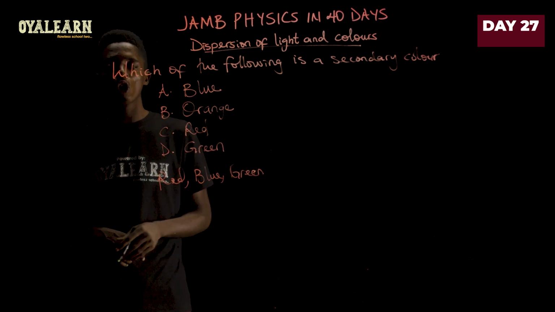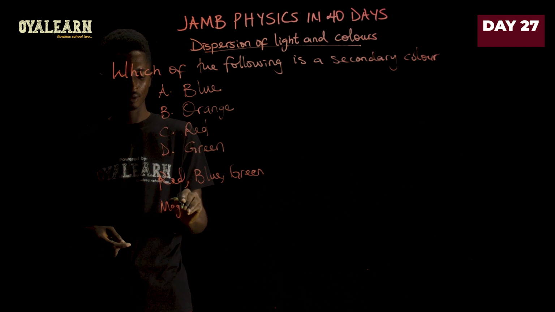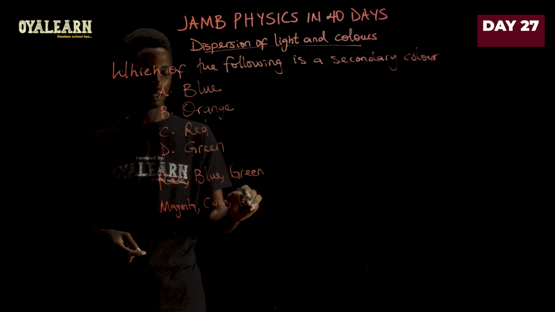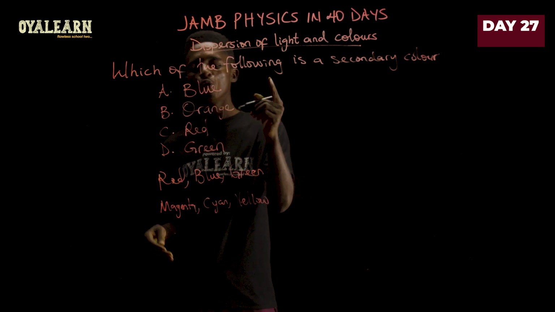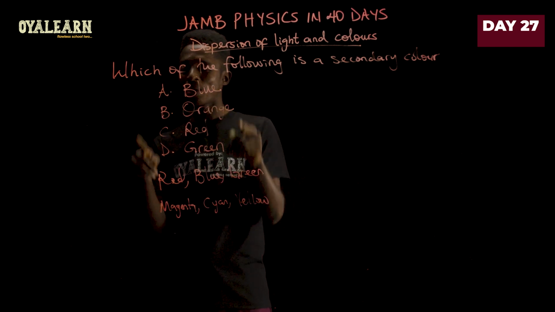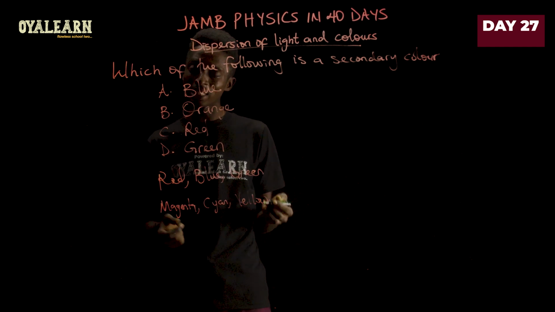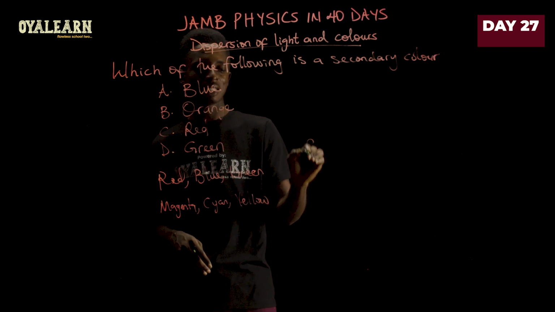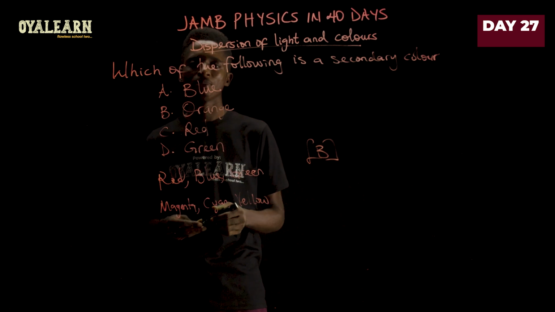And the primary colors of pigments are magenta, cyan, and yellow. So you see, blue, red, and green fall under primary colors. The only one here that is not in that cadre of primary colors is orange, so that makes it a secondary color in this case. So we'll go with option B.